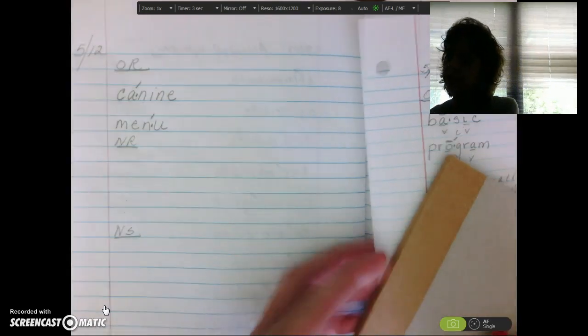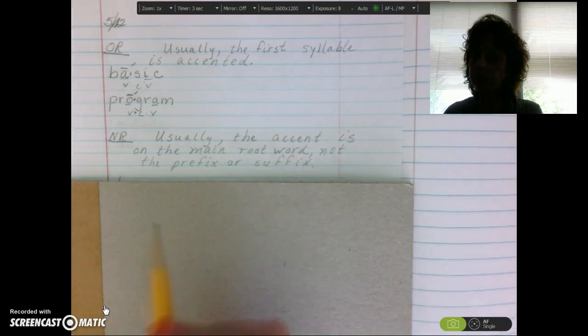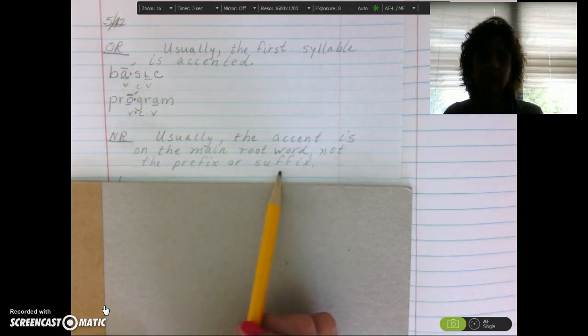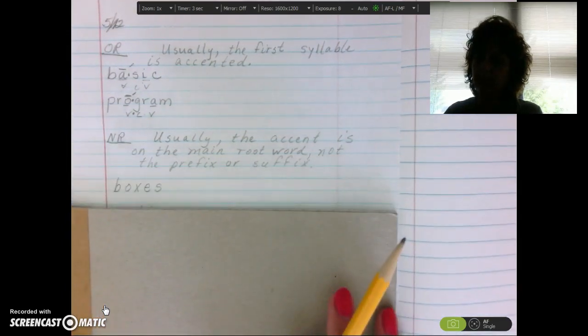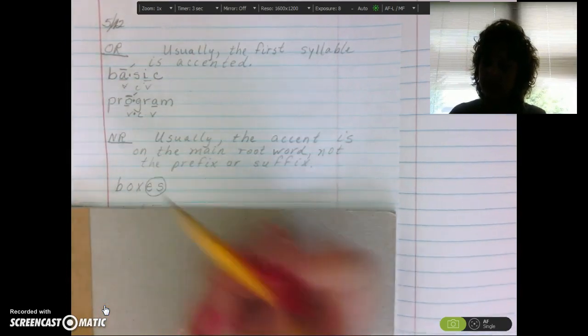All right. New review: usually the accent is on the main root word, not the prefix or suffix. For example, when we have this word, we can see already this is a suffix.